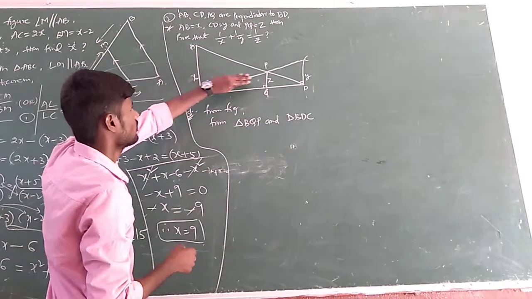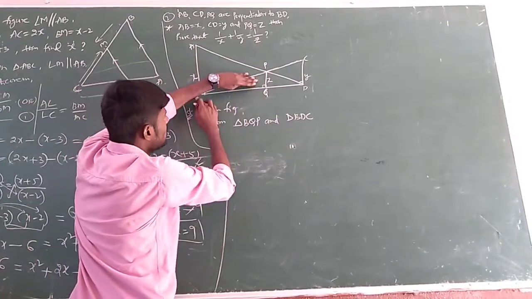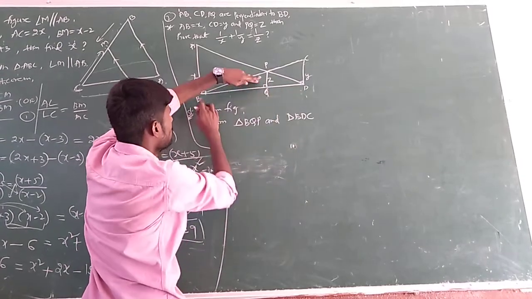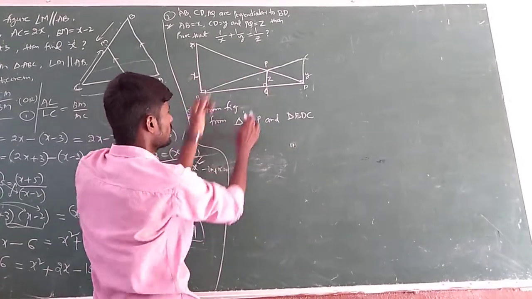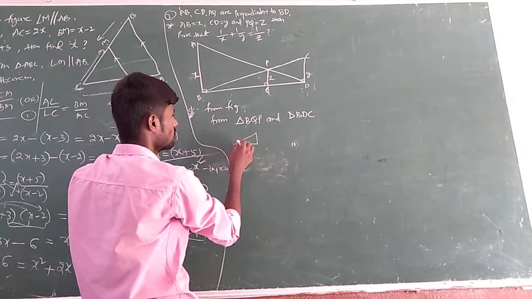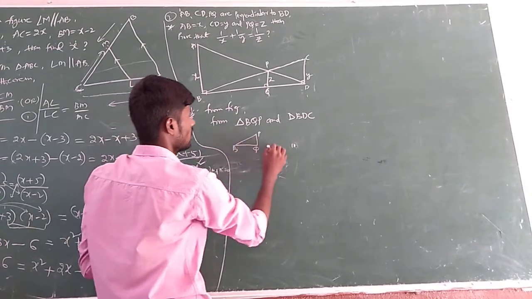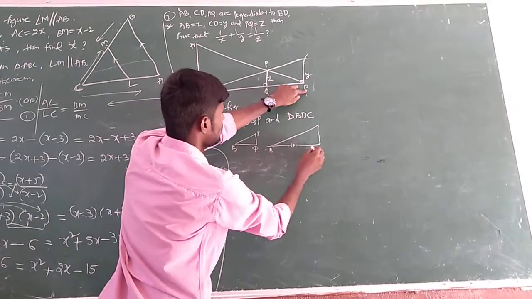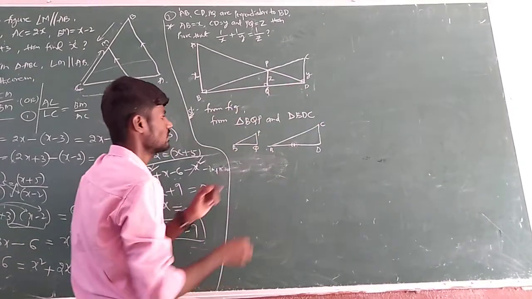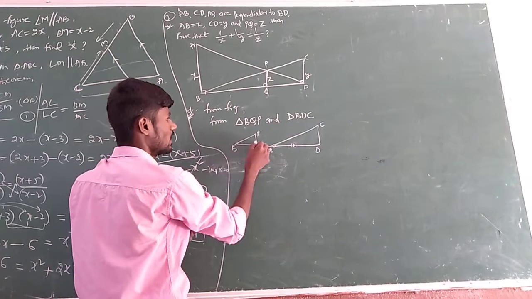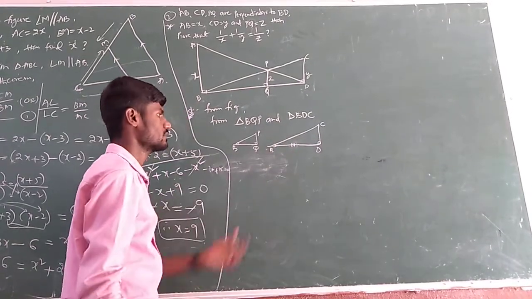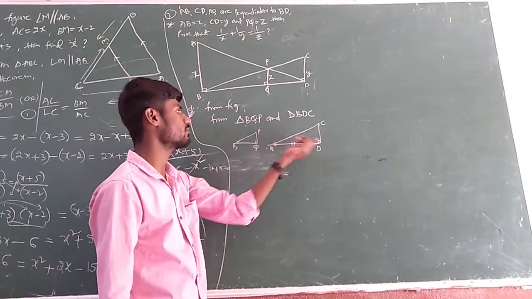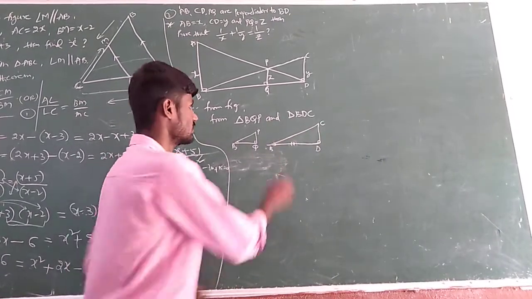If you observe the BQP triangle, this one, and the bigger triangle BDC, in these two triangles B is common, isn't it? In this form, BQP and BDC. If you observe, B is common, and angle Q equals angle D, perpendicular. So two angles are equal, and by the AA similarity criteria we can take them as similar.